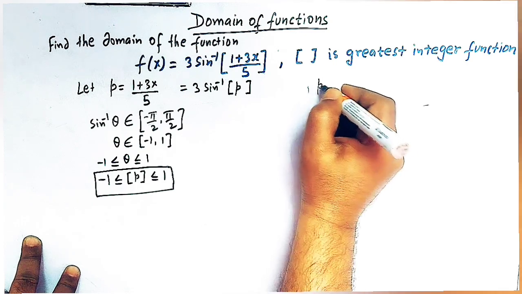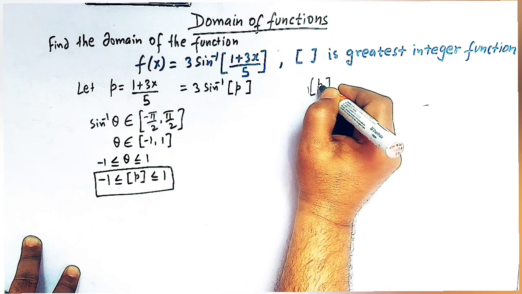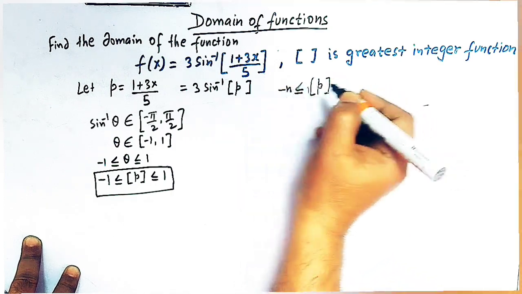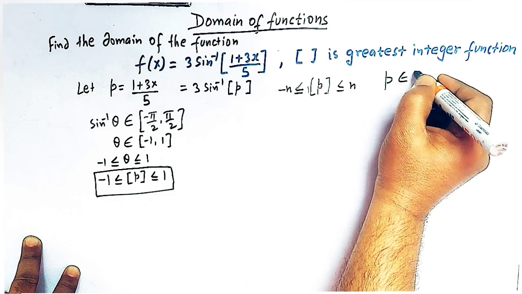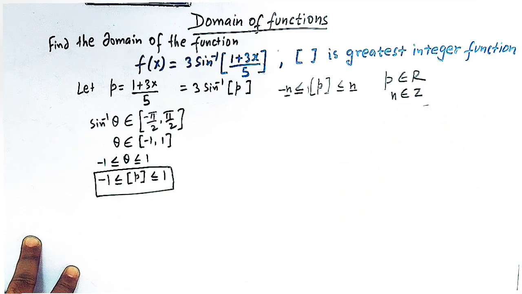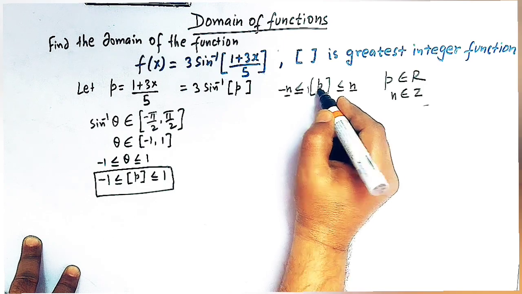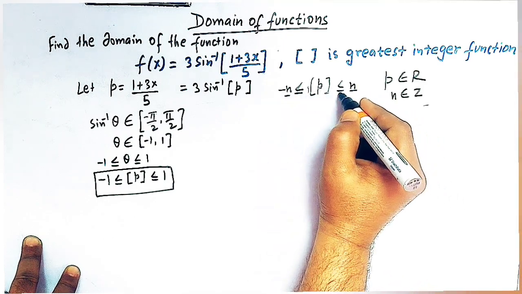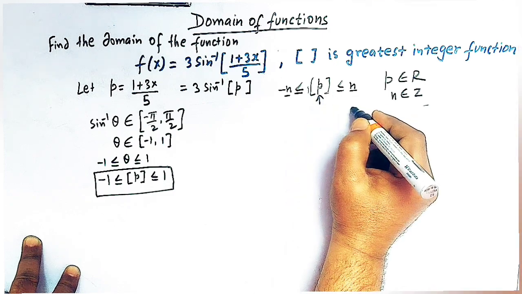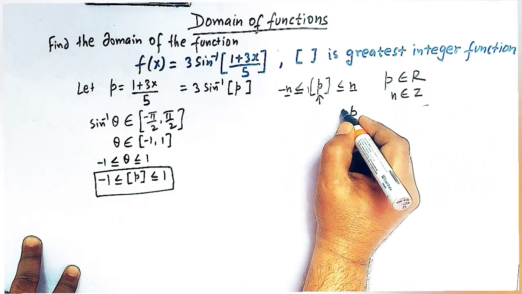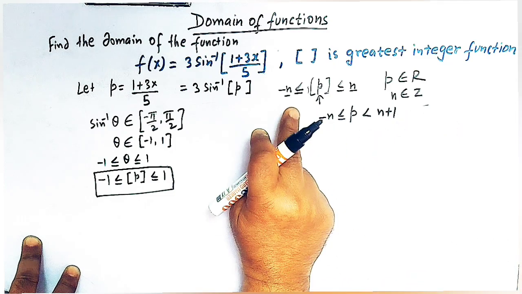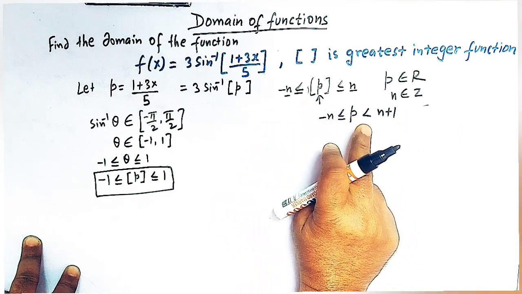If we have a real number p, and the greatest integer of p lies between minus n and n, where p belongs to the set of real numbers and n belongs to the integers, that is, the greatest integer of p is greater than or equal to minus n and less than or equal to n, then this real number p is greater than or equal to minus n but less than n plus 1. We'll make use of this property.